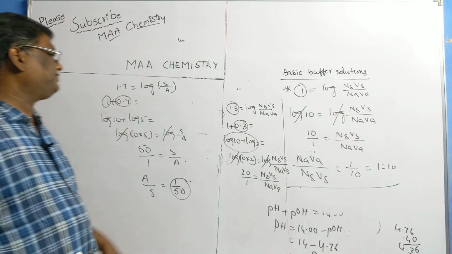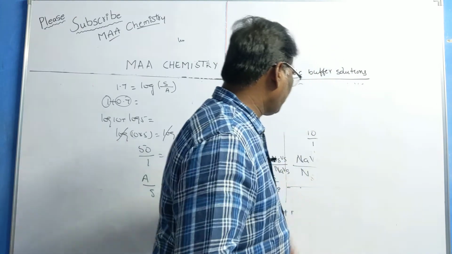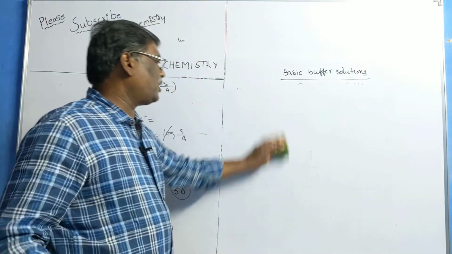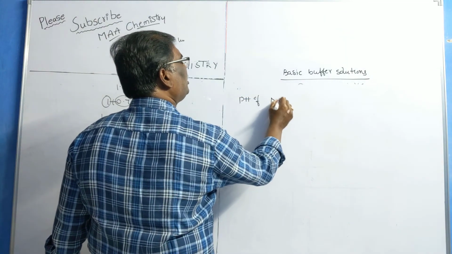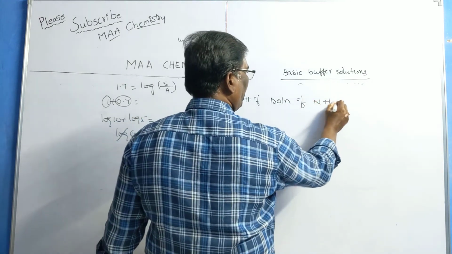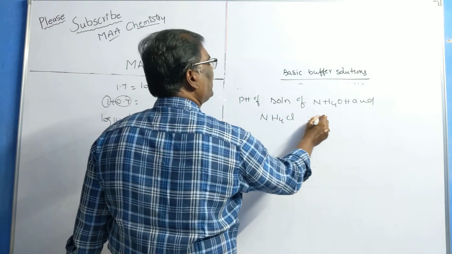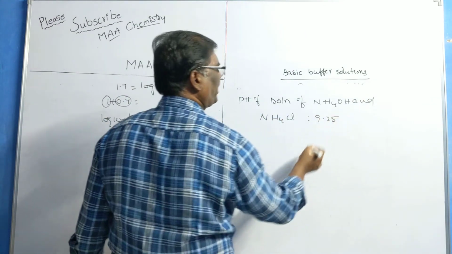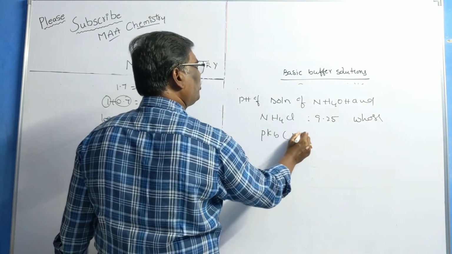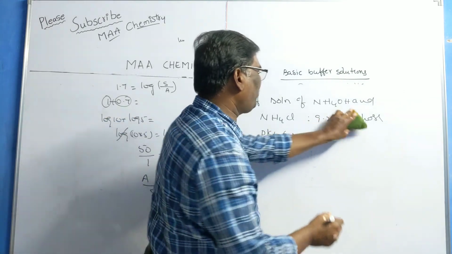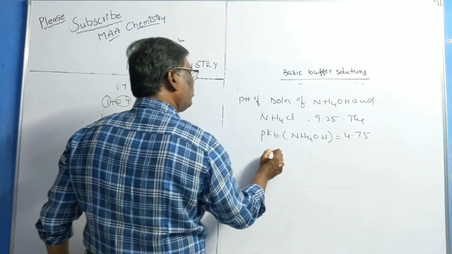The next model. This time I am taking the problem based on pH of a solution of ammonium hydroxide and ammonium chloride given as 9.25, whose pKb value of ammonium hydroxide is 4.75.